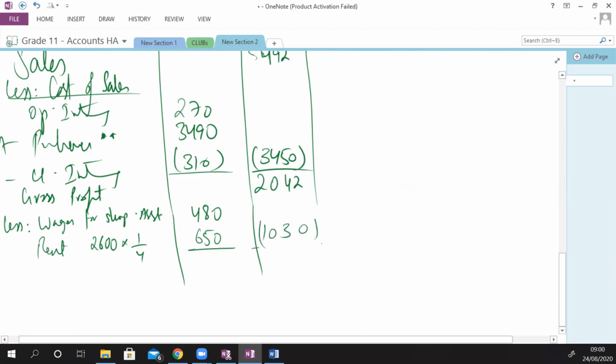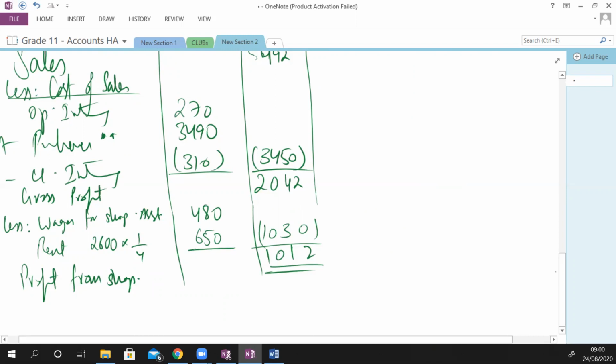Minus करेंगे तो 912 is profit from shop. And finally you have to prepare the income and expenditure account.